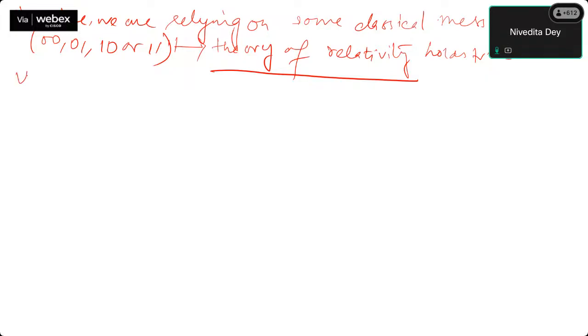Second, is there any cloning done in teleportation?